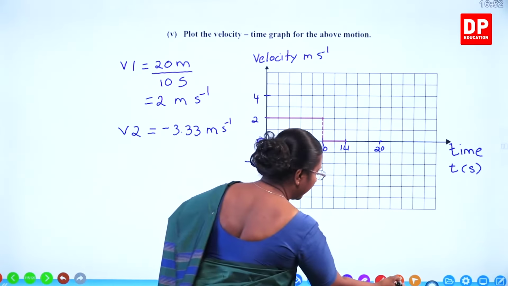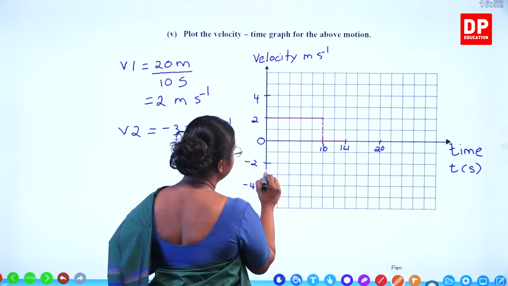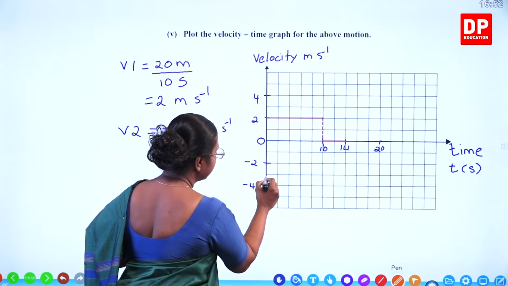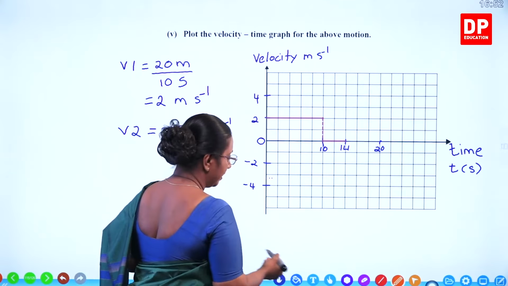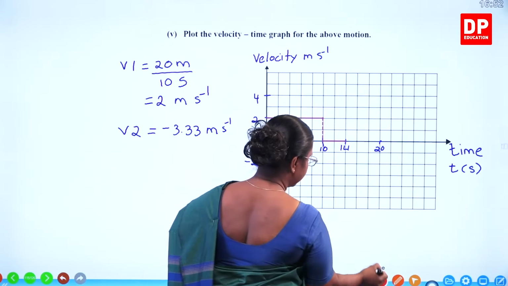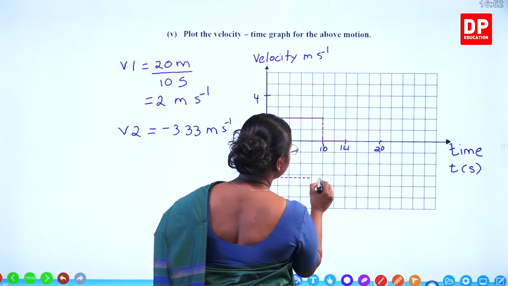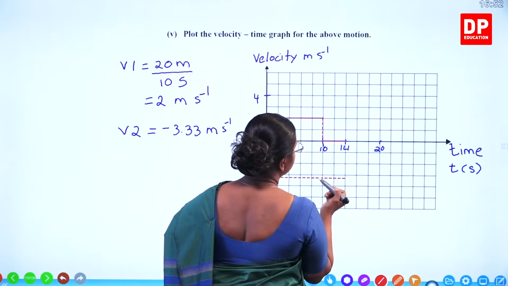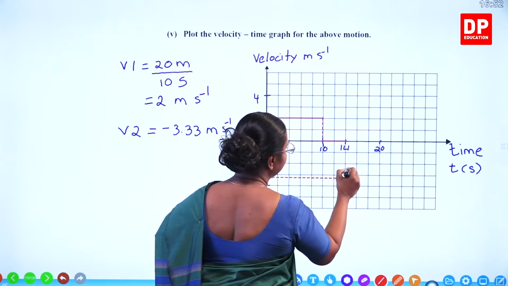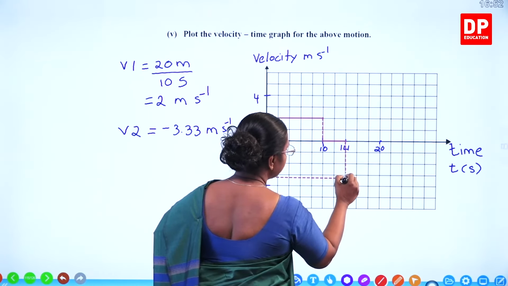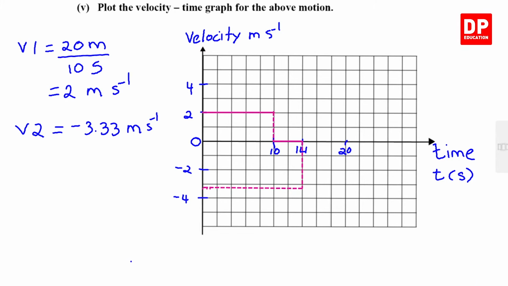So to mark that value, 3 is somewhere here, 3.33 will be somewhere at this point. So if I mark that value, it will come to here, as well as we will be drawing a line to show this point of time, 14 seconds.